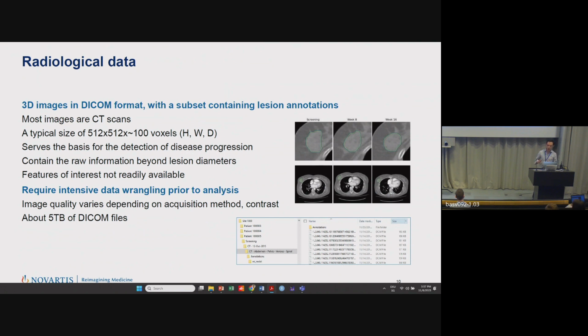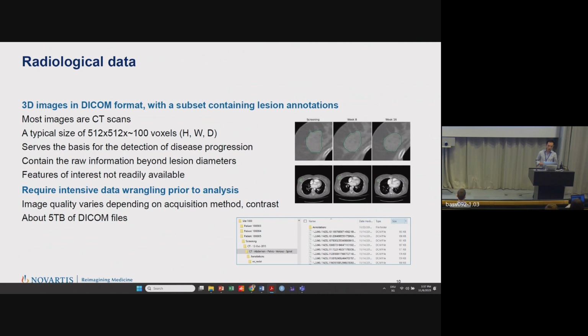There's information surrounding the lesion itself, but also in other parts of the body that are typically not tracked by the RECIST criteria. As a result, the features of these three-dimensional images are not readily available. So it requires a lot of intensive data wrangling prior to analysis, which our data scientist team can help out with.